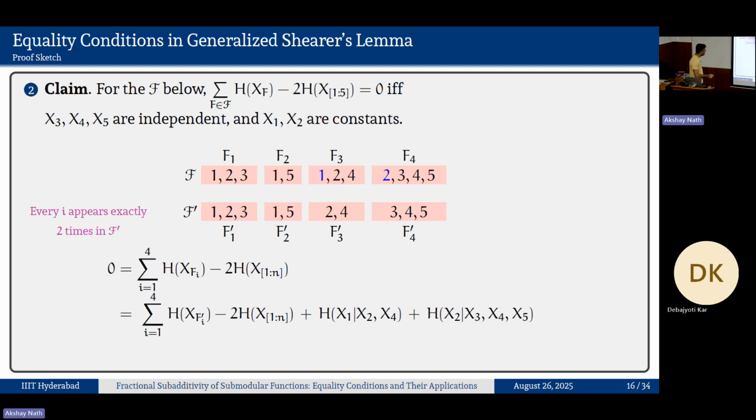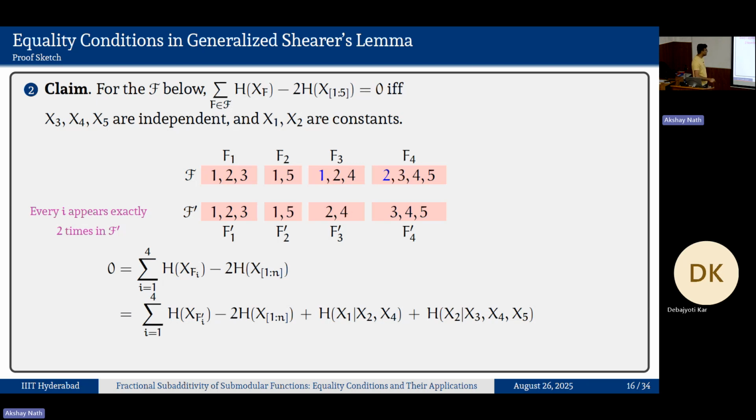Now I'm breaking F3 and F4 into a subset F3 prime and this element 1, and F4 prime and this element 2. So this simplifies: for F3, I have an additional term here, and for F4, I have an additional term here. And I know that this is a condition where all the elements appear exactly twice. Then this problem is reduced to my original problem where I have a partition.